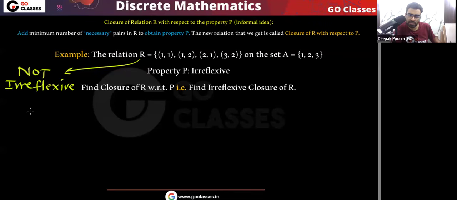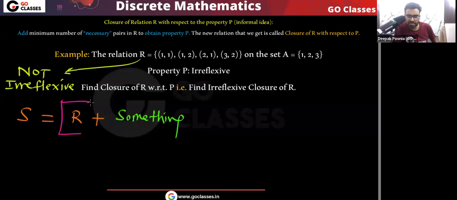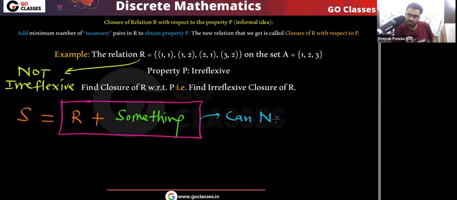And one more thing, remember, if I make a new relation that is R plus some necessary pairs, or basically R plus something, I can never satisfy this irreflexive property by adding something to this relation R. So this can never satisfy irreflexive property.